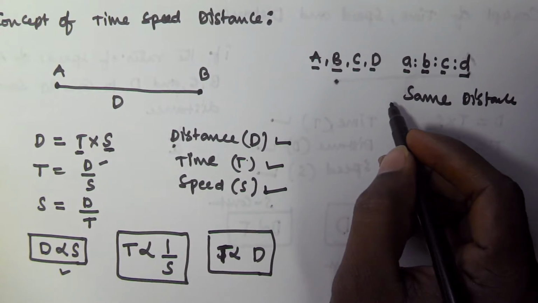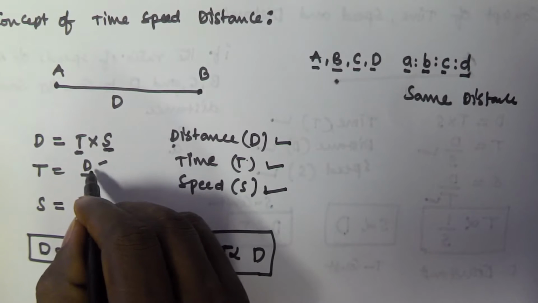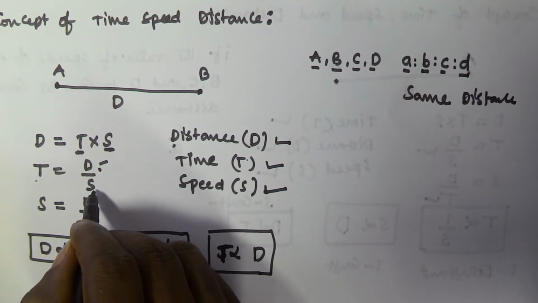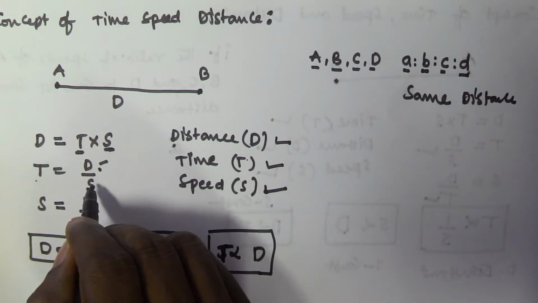Here the distance is constant. When distance is constant, time is inversely proportional to speed, that means speed is inversely proportional to time.